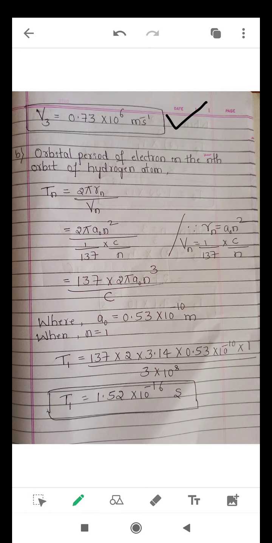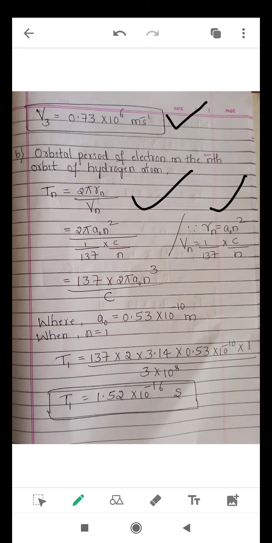So for the second, the solution follows in this way. Orbital period of electron in the nth orbit of hydrogen atom, using Tn is equal to 2 pi Rn divided by Vn. So here Rn value can be replaced by a0 into n square. a0 is said to be the Bohr's radius.